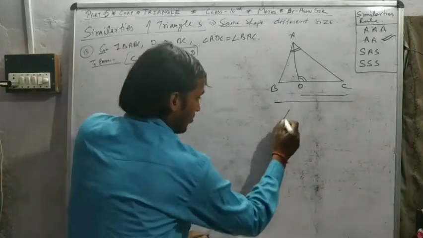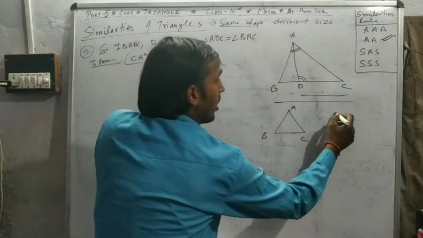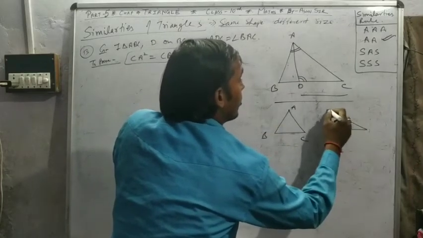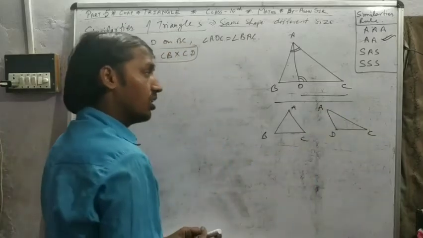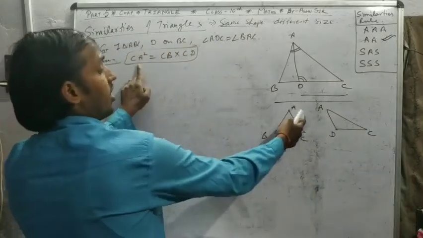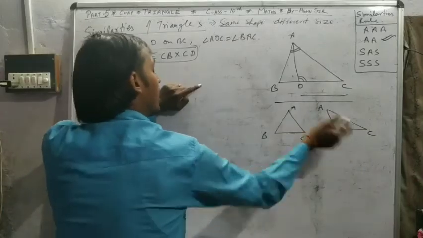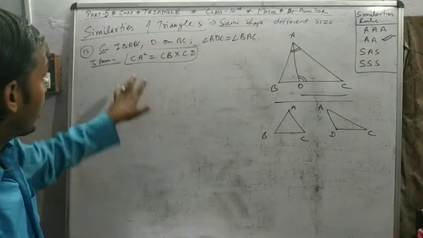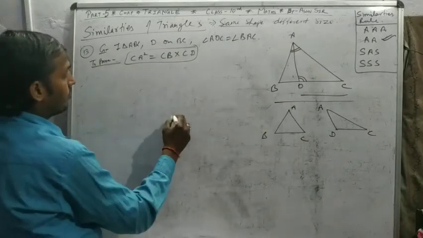So ABC and ADC. Why? Because CA is in both, CB is in the first triangle, and CD is in the second triangle. That's a ratio part.